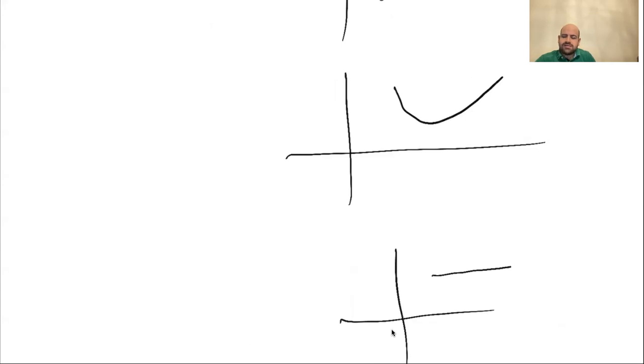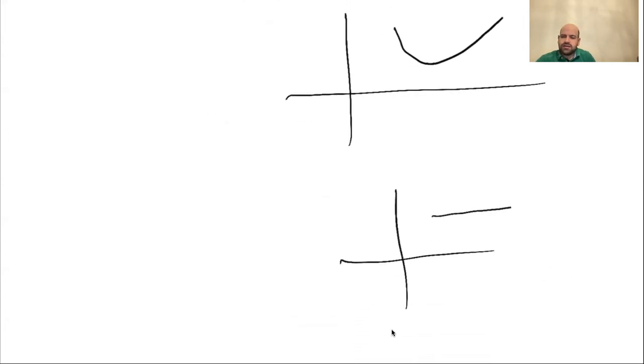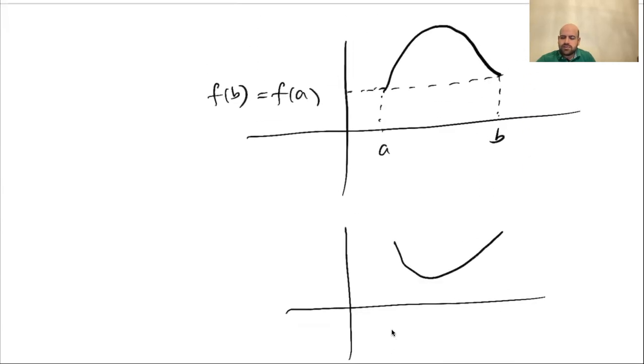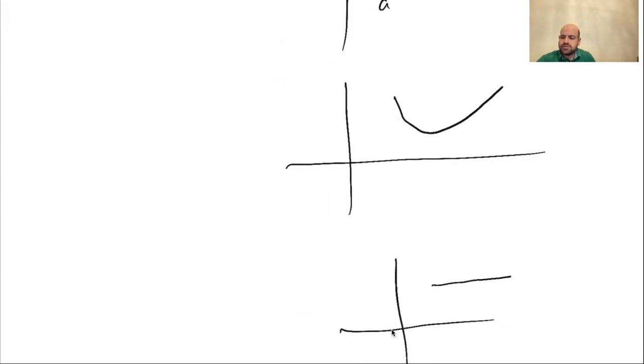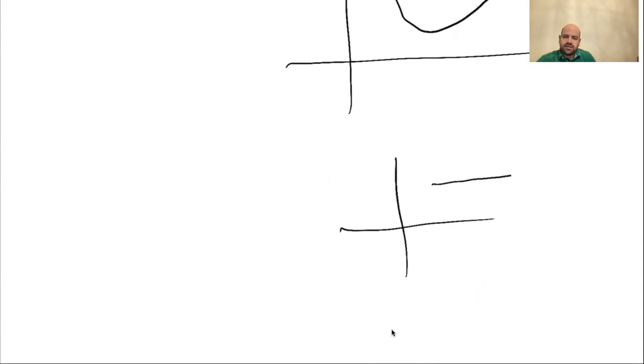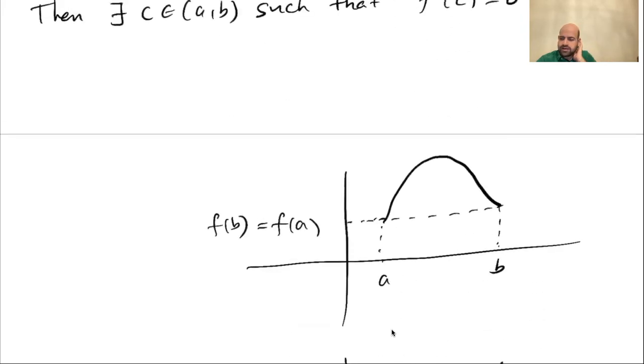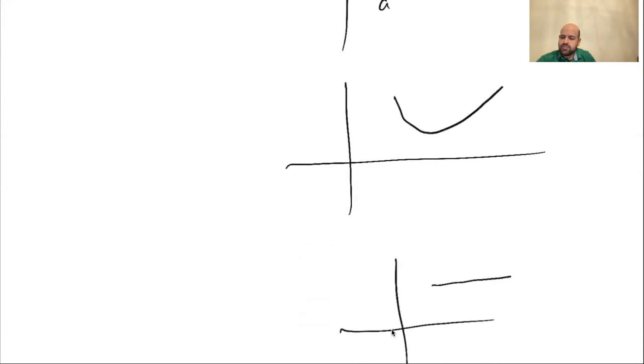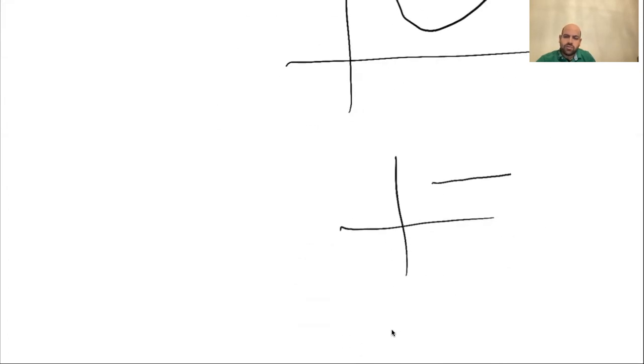But in any case, you will have a horizontal tangent line, whether you have a maximum like this picture, or a minimum like this picture, or a constant function like this picture. So horizontal tangent line, obviously here at the maximum, here at the minimum, and here at all points, basically between A to B.